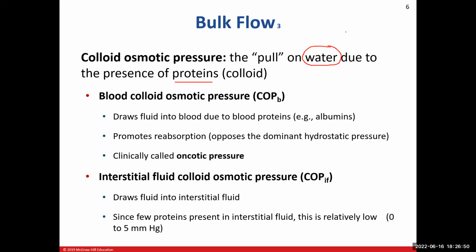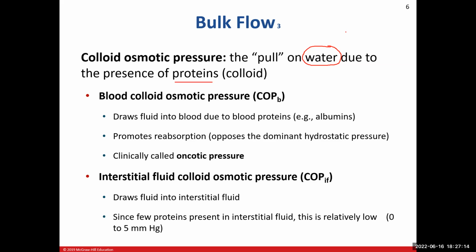So the colloid osmotic pressure is going to be this attractive force that proteins have. Keep in mind that water is an incredible follower, gives into peer pressure relatively easily, follows sodium all the time. If your kidneys are getting rid of sodium and filtering sodium out, water is going to follow it. And so it'll go into your urine.